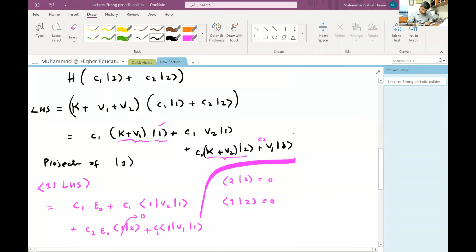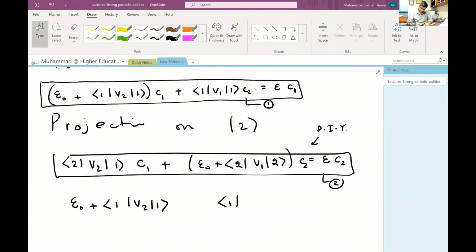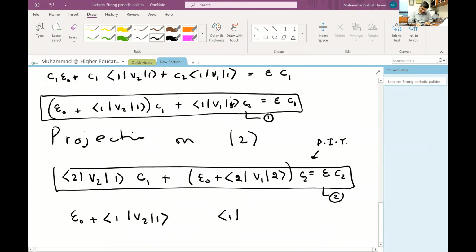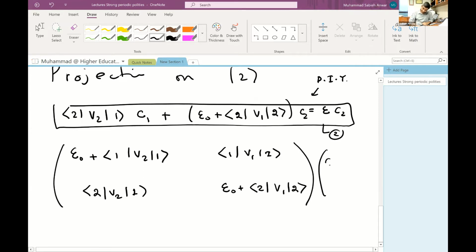Sorry, here there has to be a ket2. So this has to be ket2. Sorry about that. So bra1 V1 ket2, and here I have bra2 V1 ket1 plus epsilon naught plus bra2 V1 ket2, multiplied with the vector C1 C2 gives me energy times C1 C2.